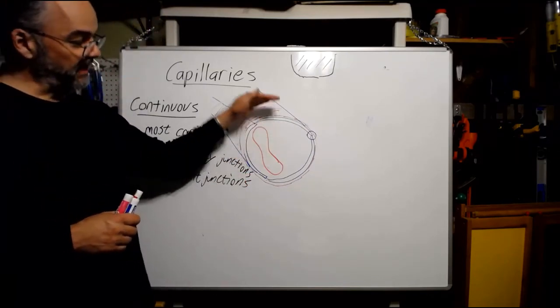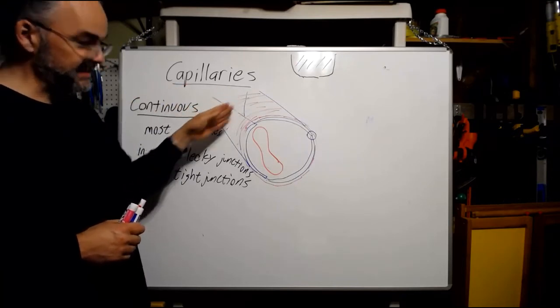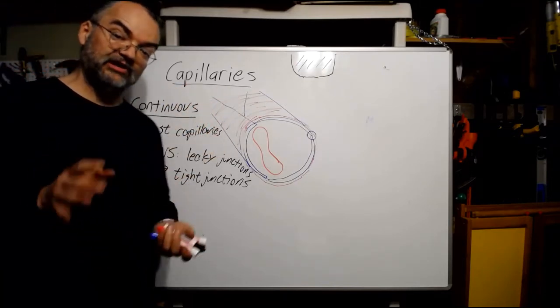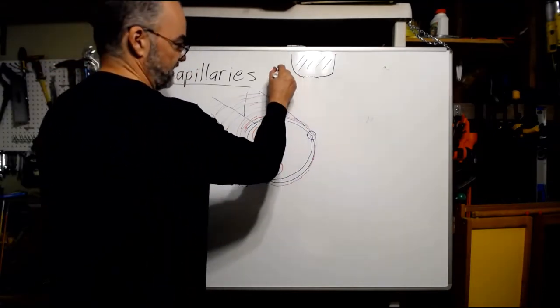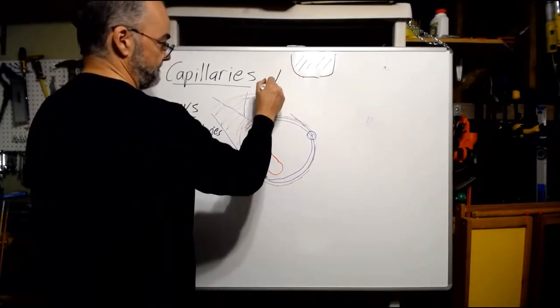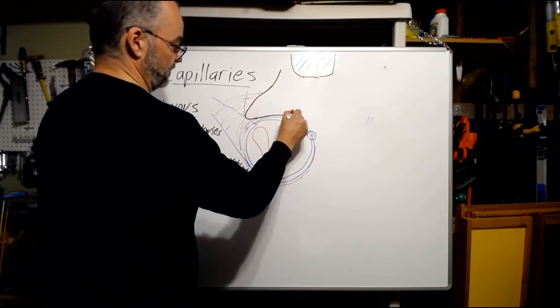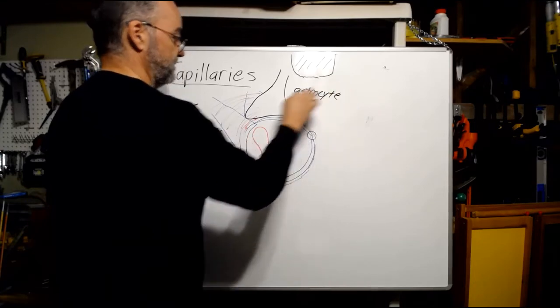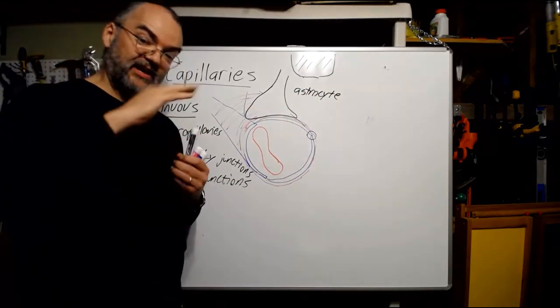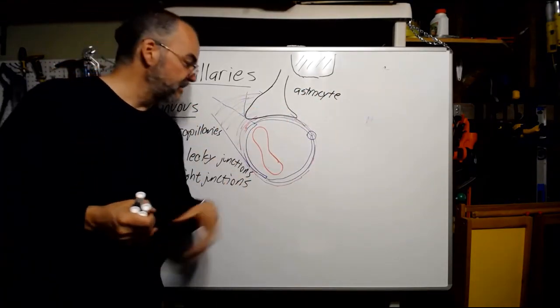So, by sealing up those leaky junctions, and then also some of the glia in the brain, the astrocytes, sort of put down pseudopods that partially cover these capillaries and provide another layer of filtration there.